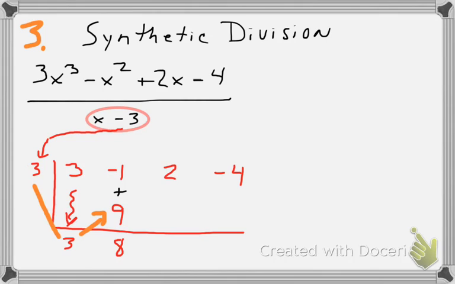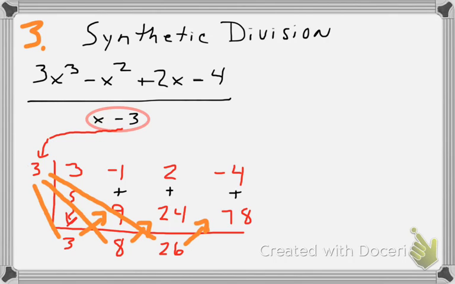And then we repeat that process. 3 times 8 is 24. And we add, 26. 3 times 26 is 78. And we add. Now, to write our answer, we look at our original problem, which has a degree of 3.